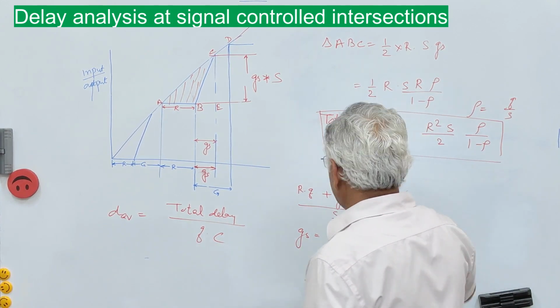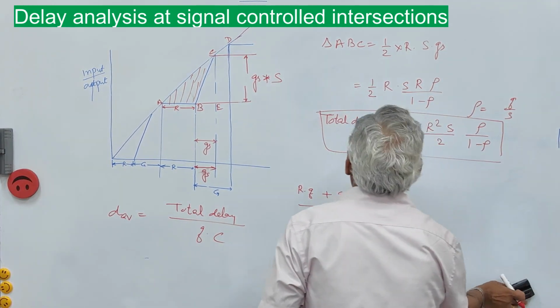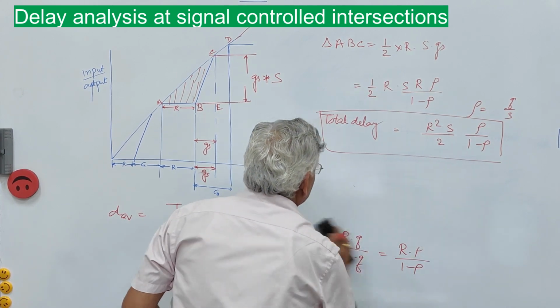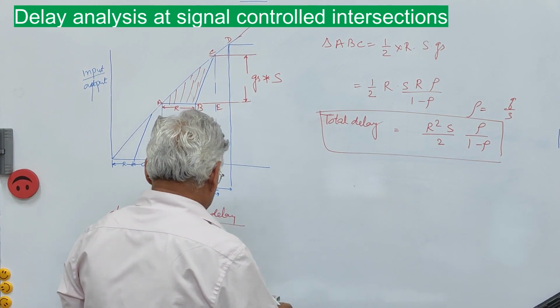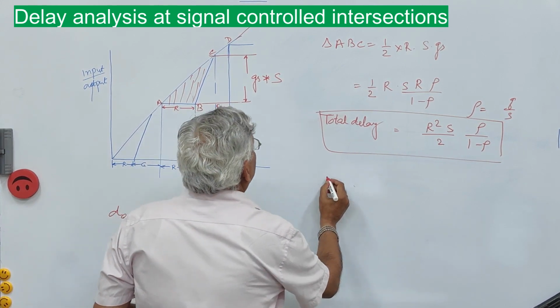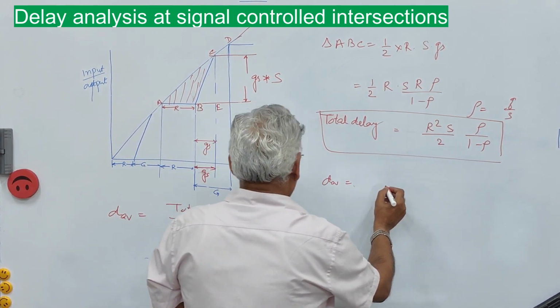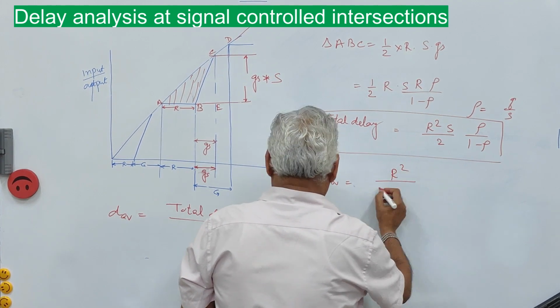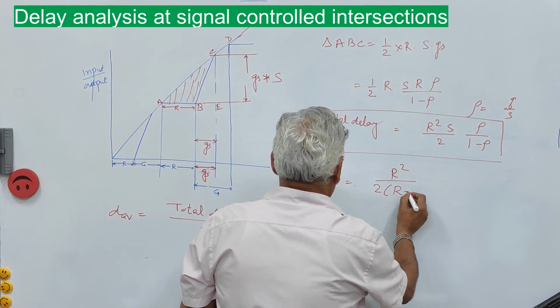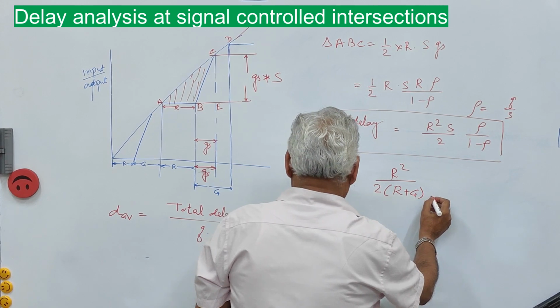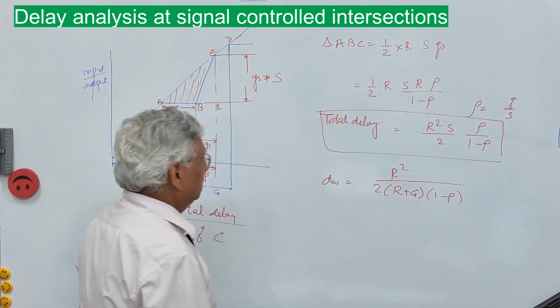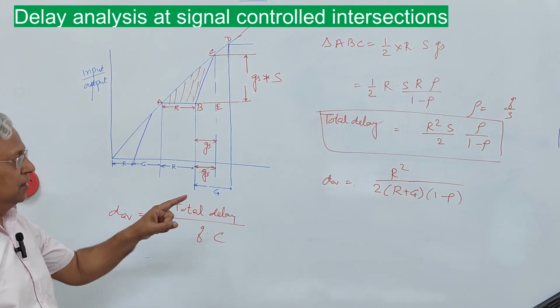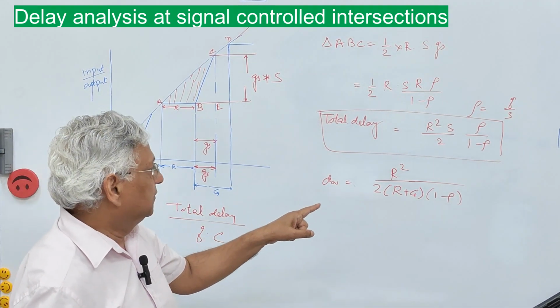And if you substitute and divide this and simplify it, it will be equal to R square upon 2 into (R plus G) into (1 minus rho). That is the delay.